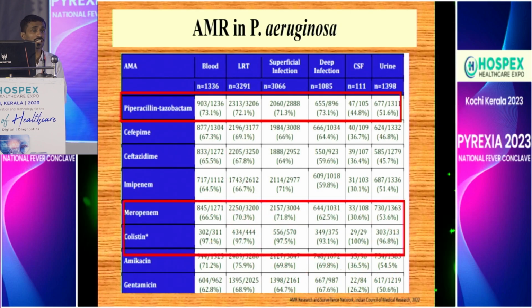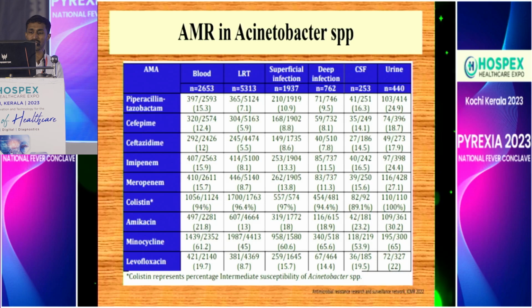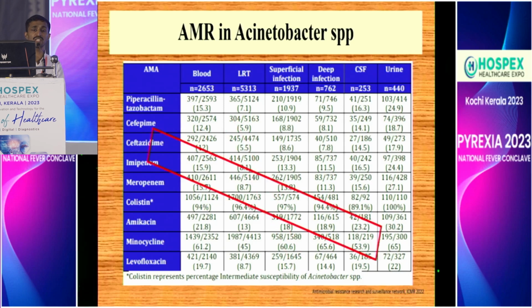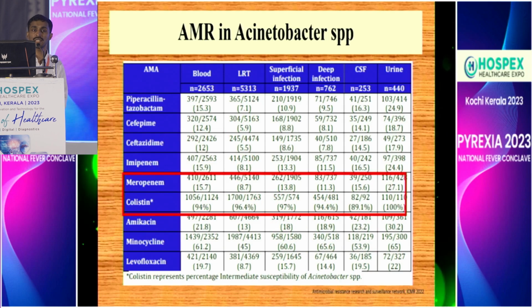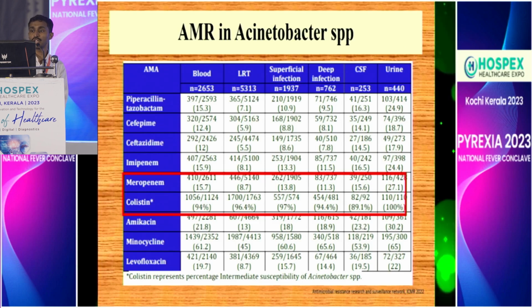And fortunately, one drug that is showing some susceptibility in our scenario is colistin, which is retaining around 97% of susceptibility. Acinetobacter, again, I just showed this slide to show that the number of drug resistant cases in our country is ever increasing. So unless we keep a check on our antibiotic use, this is going to be a doom-like situation in the coming years.